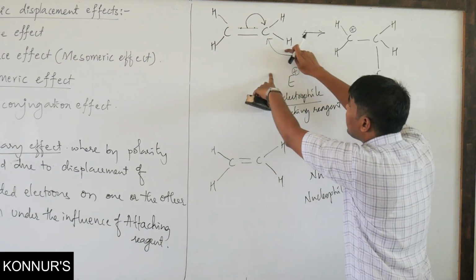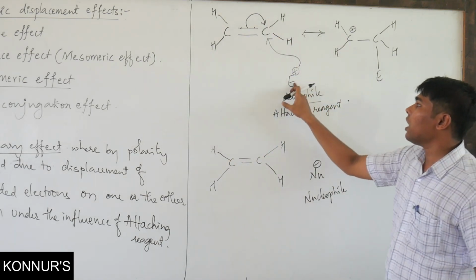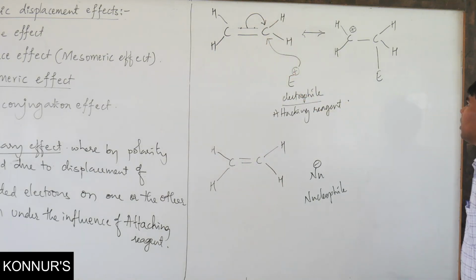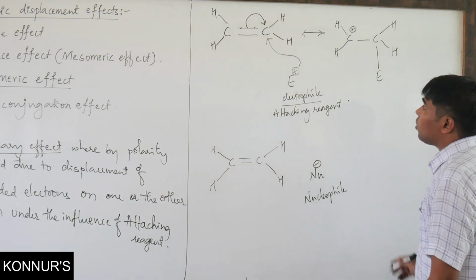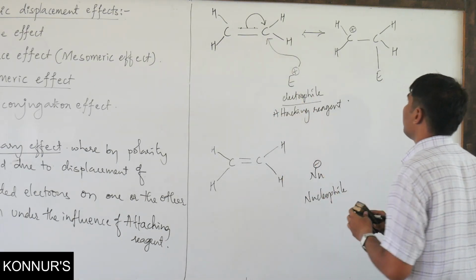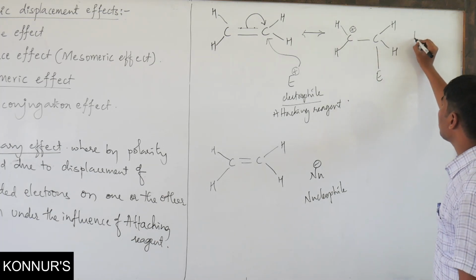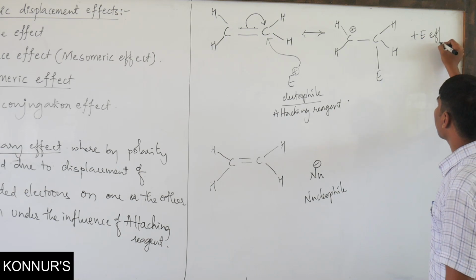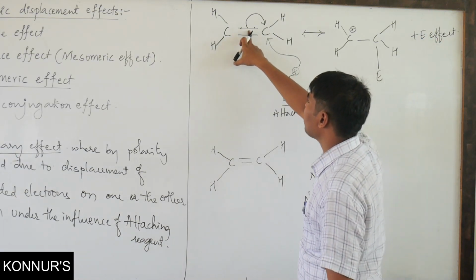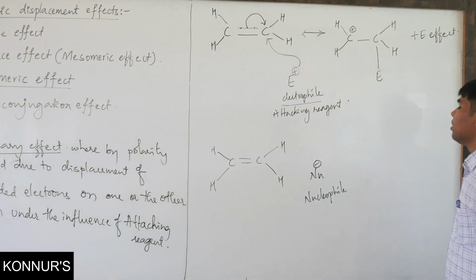Here the attacking reagent was attacking, and towards that electrophile the electronic displacement takes place, so that the positive charge is gained. So this is called the plus E effect, where the electronic displacement takes place towards the electrophile or attacking reagent.